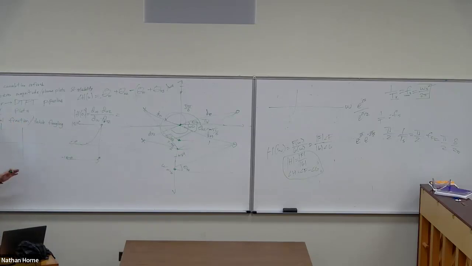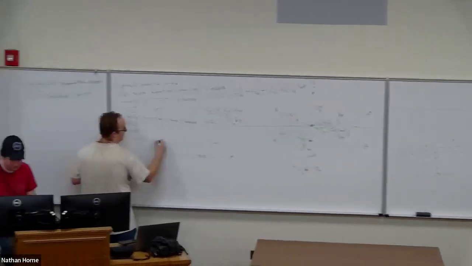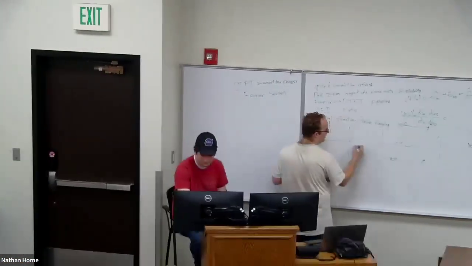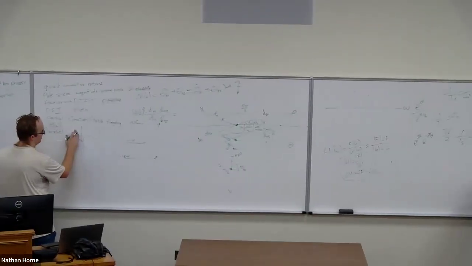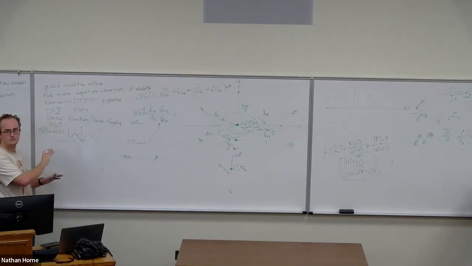What does even mean? Anybody, tell me what even means. x of t equals x of negative t. Exactly. So we can write it that way. Somebody said I'm symmetric about the y-axis. Both are right. So if we know what's happening over here, we know the same thing is happening over here.